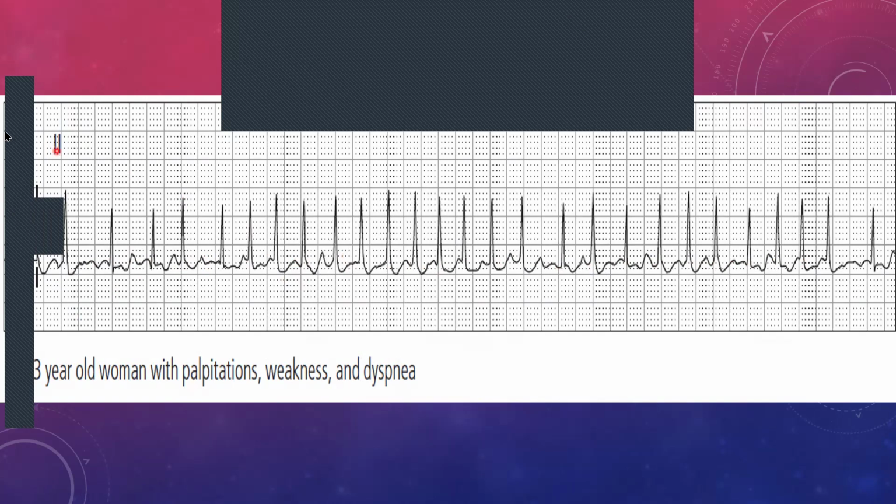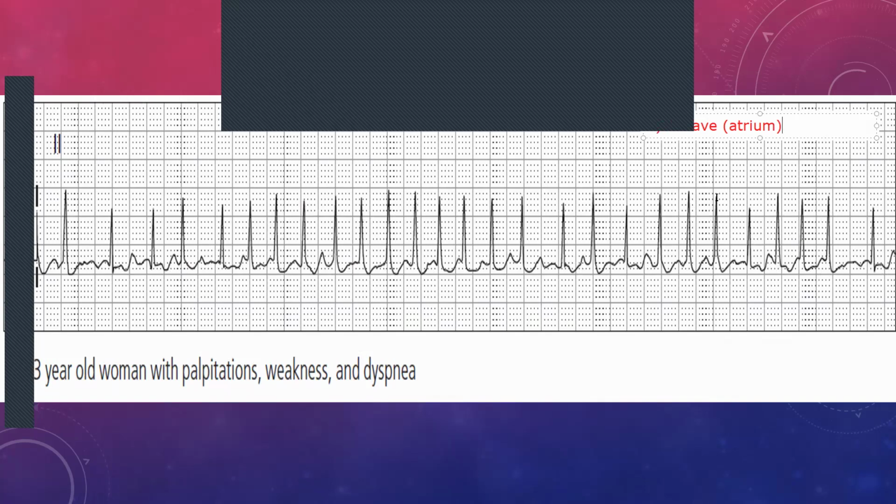So when we're looking at a rhythm strip, the first thing that we look at is the P wave. And the P wave basically tells you about the atrium. So how is the atrium functioning? Is the atrium functioning properly?